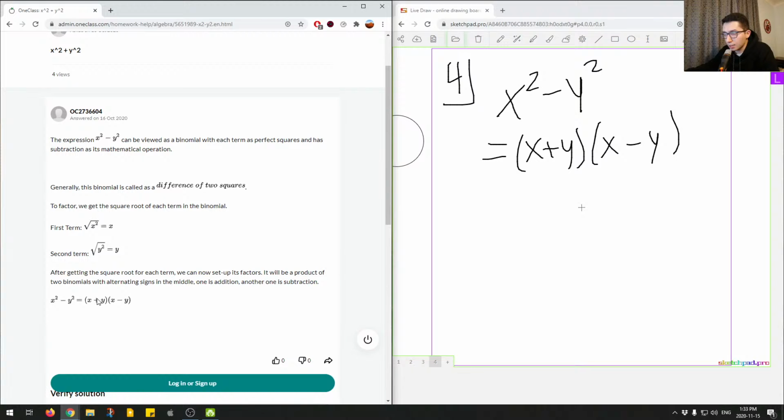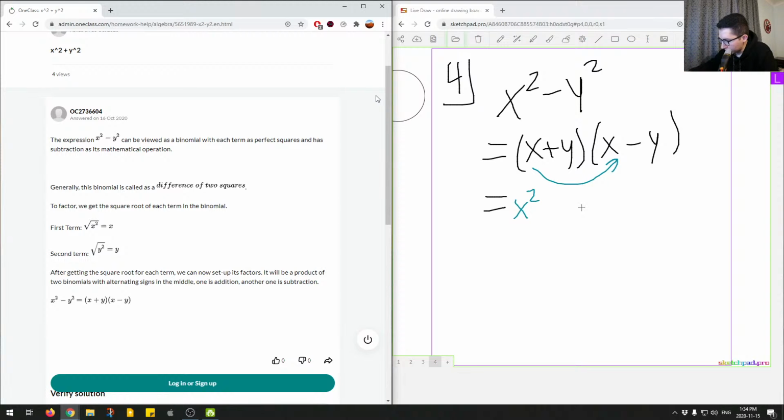One way to think about this is we can just use FOIL to expand this. So first, outside, inside, last. So we can just use common simplification to see if we end up with the same expression right here. So we can say first is x times x, which is x squared.